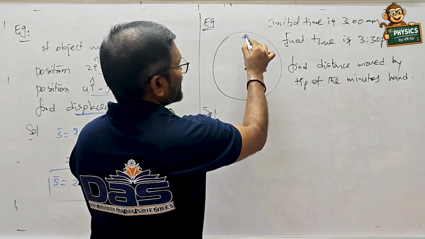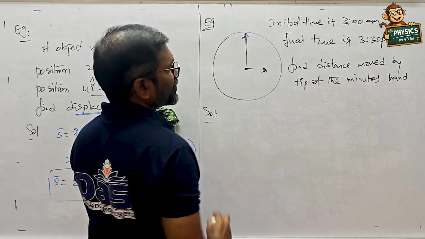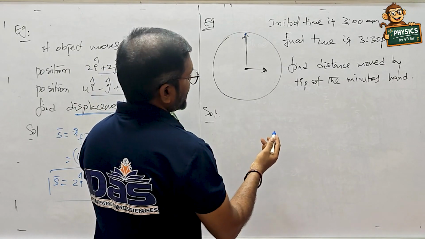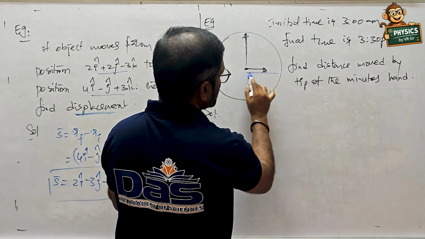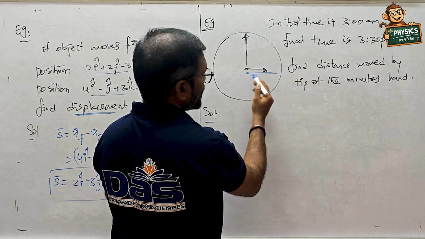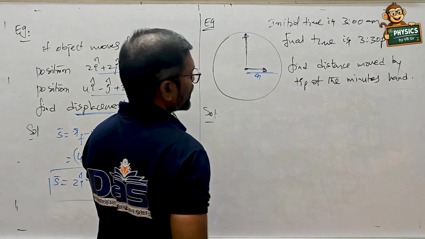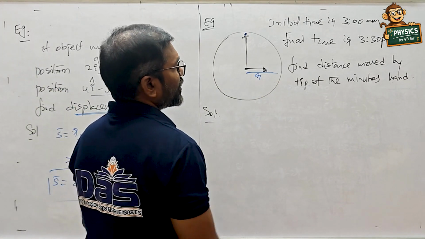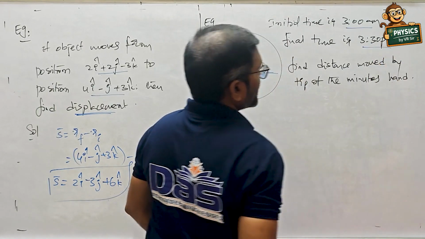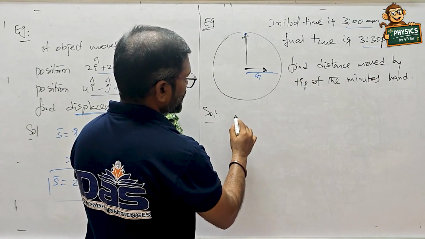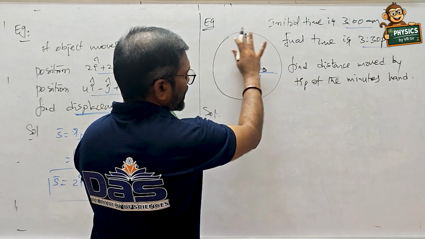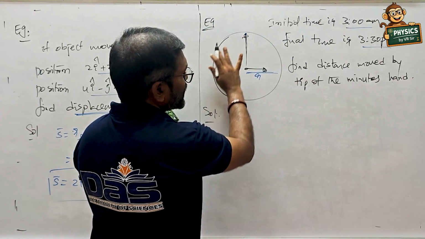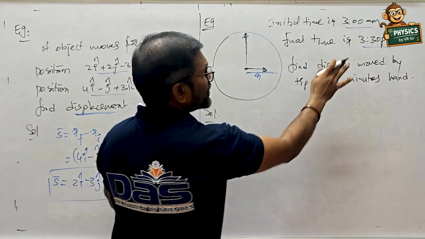Now, the tip of the minutes hand means this. Of course, the radius is needed. If the radius of the clock is r, how can you do it? Look here. From 3 a.m. to 3 p.m., how many times is the minute needle rotating during this time?